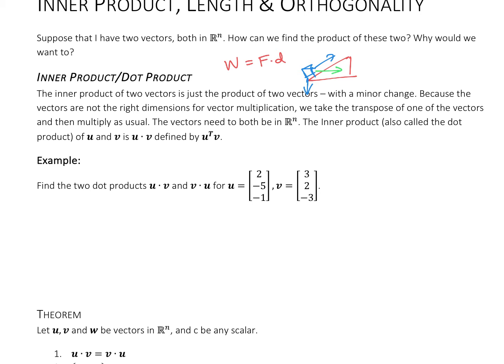Then we have however far the distance travels, and that distance can be expressed as a vector as well. Or maybe our pulling force is different and not along our plane of movement. Either way, this idea leads to what we call the dot product, or the inner product.